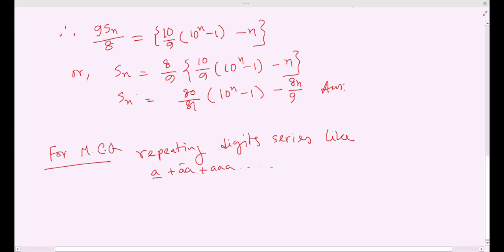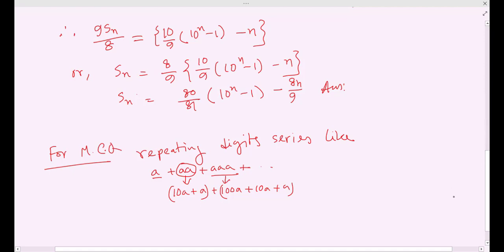It is not actually like this. It is like 10a plus a, then 100a plus 10a plus a, like this. So if we write it like this, then we get this repeating digit series.